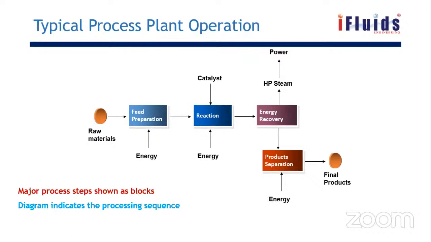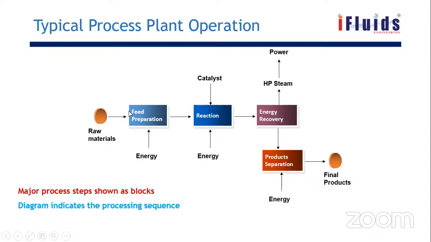You can see raw material and feed preparation, reaction, energy recovery, product separation and final products. For example, if I have a chemical reaction with a reaction temperature of 360 degrees centigrade and a pressure of 70 bar gauge, I need to prepare the feed for this temperature and pressure.